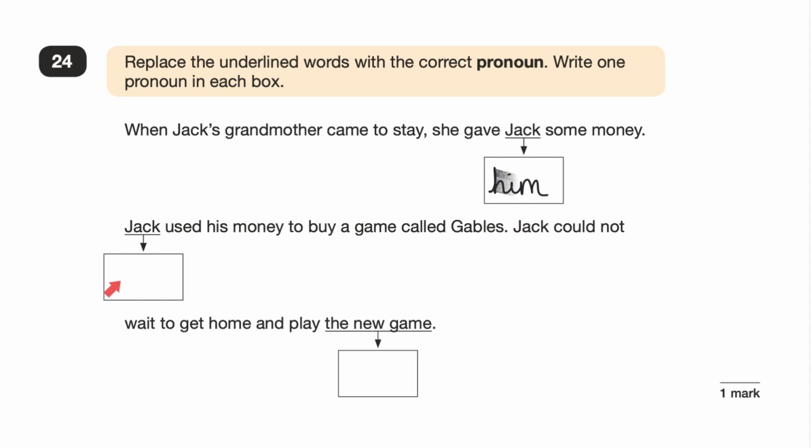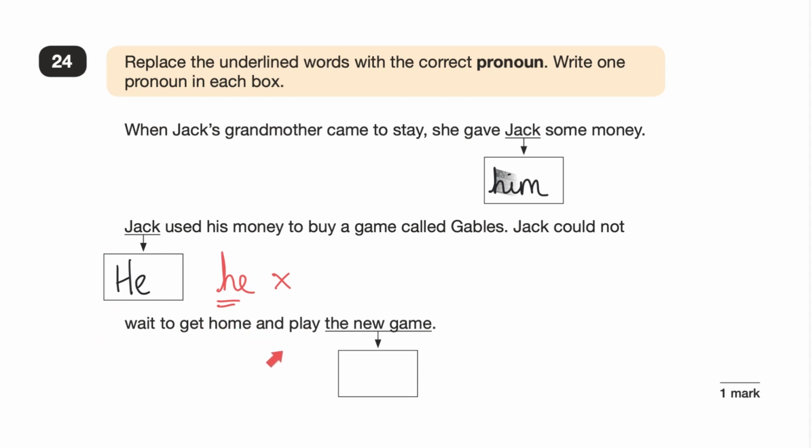So the pronoun that we write in here must be capitalized. So we're going to write he in, but we must make sure that this is capitalized. If we just put that in as he, lowercase, we wouldn't have got the mark overall because the grammar and punctuation paper demands of us that we punctuate correctly. So really important to note that. He used his money to buy a game called Gables.